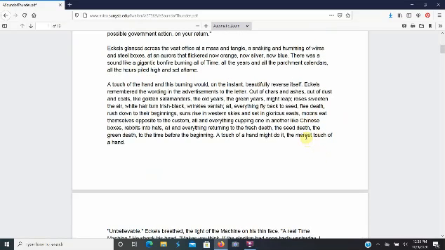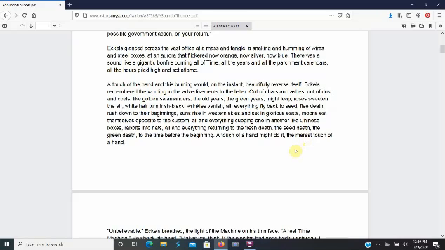Out of chars and ashes, out of dust and coals, like golden salamanders, the old years, the green years, might leap, roses sweeten the air, white hair turn Irish black, wrinkles vanish, all, everything fly back to seed, flee death, rush down to their beginnings. Suns rise in western skies and set in glorious east.